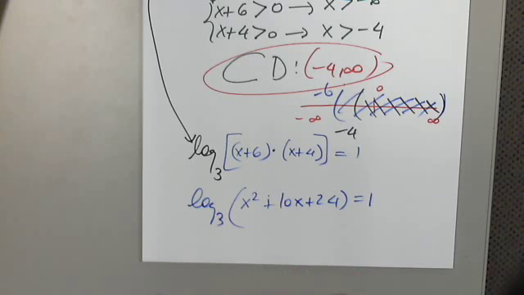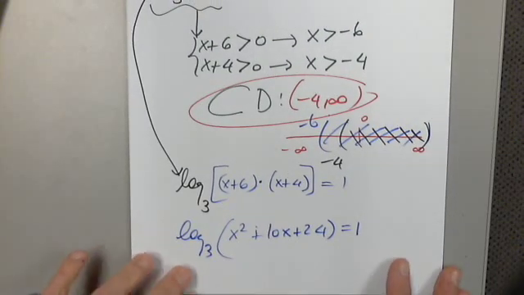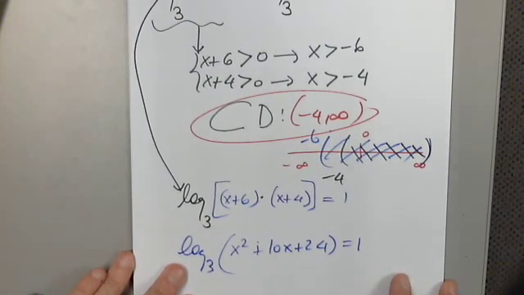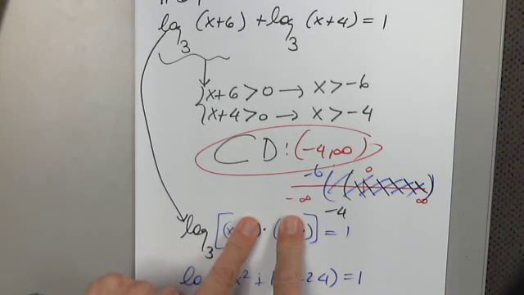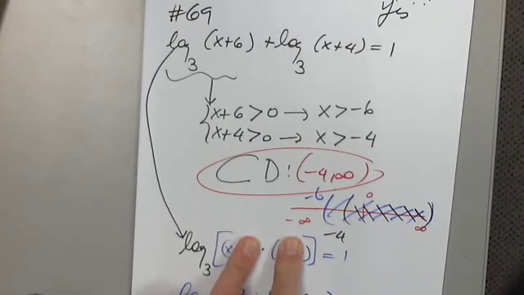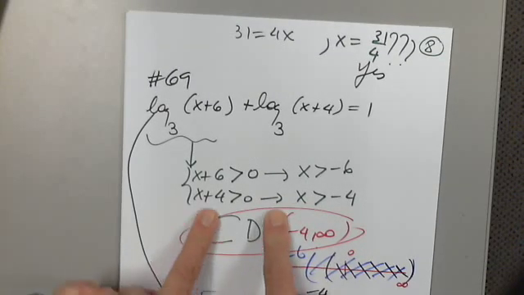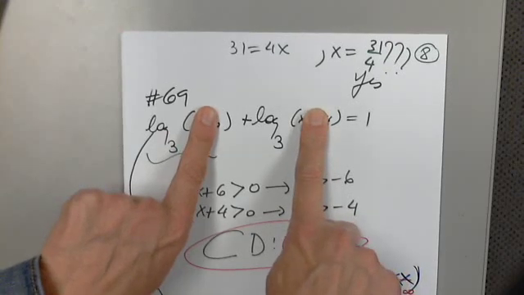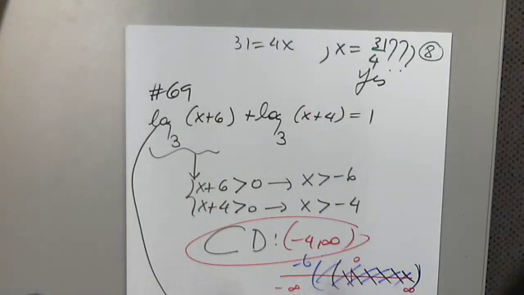I think it's not clear. Is it or not? It's okay. Please say no if it's not clear. Let's go back. Log applied to A times B. That's the product rule. Log applied to A times B is log of A plus log of B. Back to the rule.